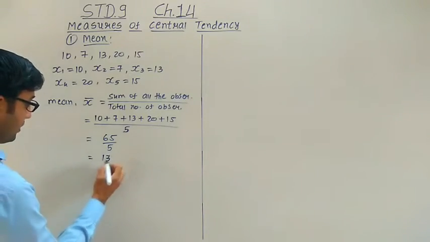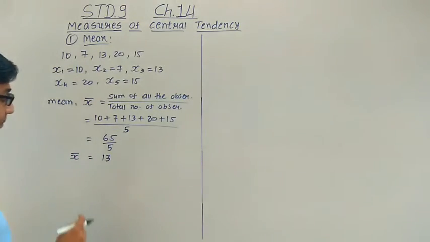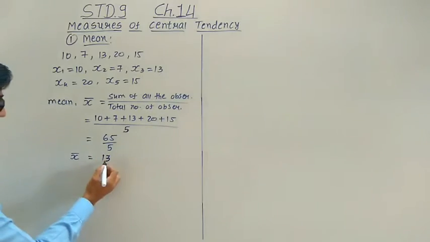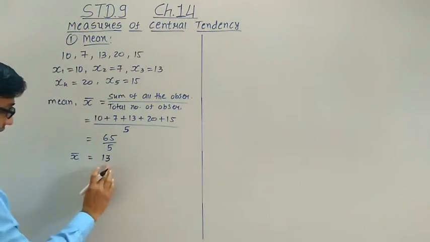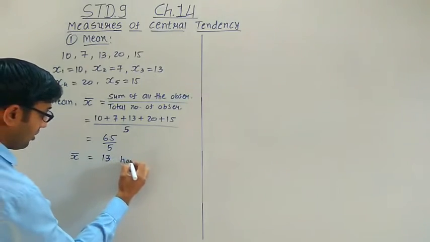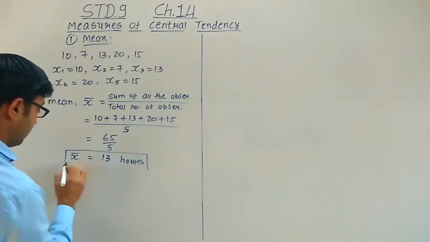So the mean here we get is equal to 13. What is the unit? These are all hours. So here we get 13 hours.